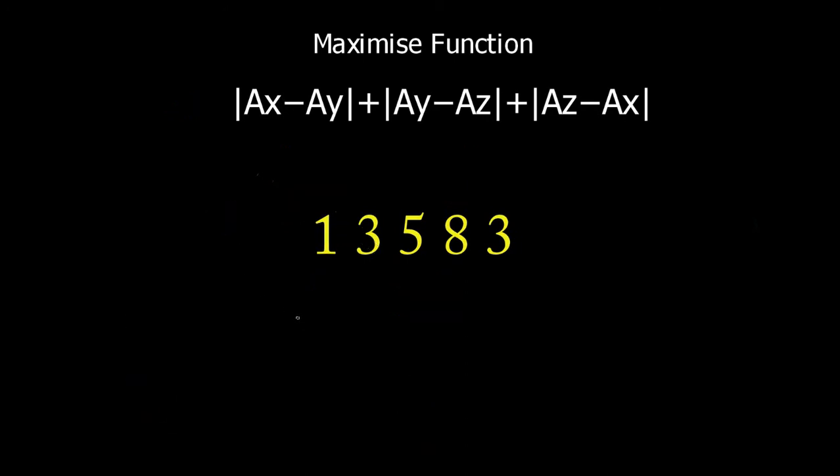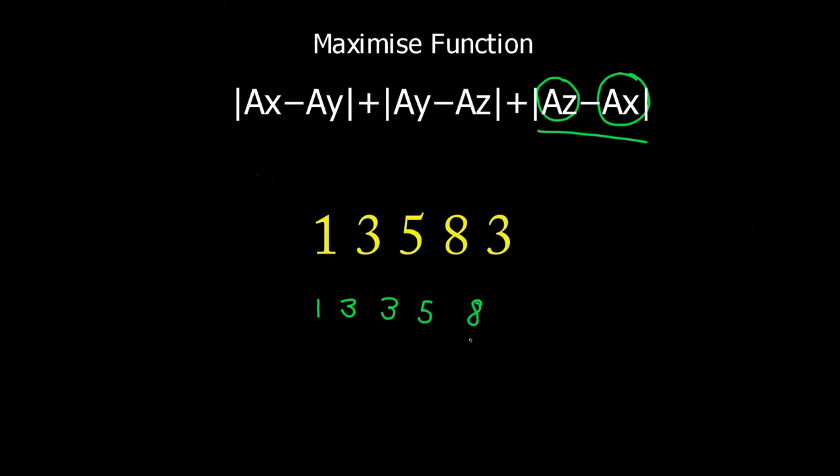We can intuitively understand one thing: if I really want to maximize this part, that is az minus ax, then I need to choose the maximum integer in the array for z and the minimum integer in the array for x. To do this, I can start by sorting the given array, and therefore I'll have 1, 3, 5, 8.